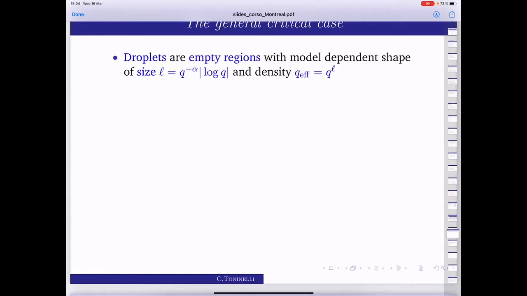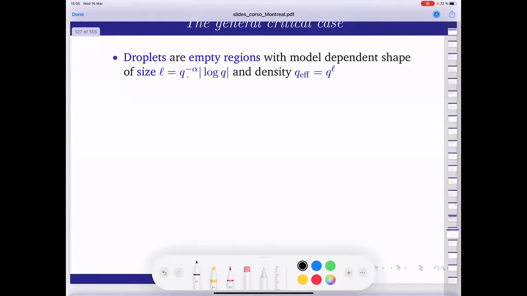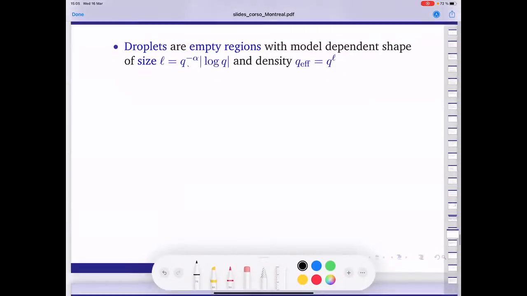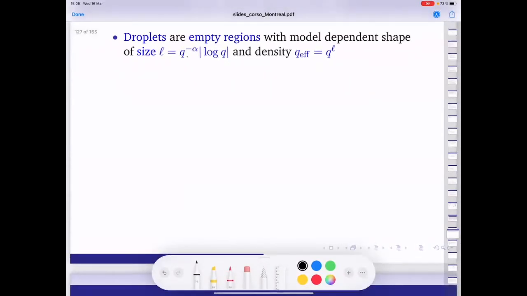The optimal droplets, those that will dominate the motion, will have some much more complicated shape, but their typical size is order 1 over q to the alpha, where alpha is this minimal number of empty sites which is needed to unblock one semicircle completely. And accordingly, they have a density q to the power of this size.